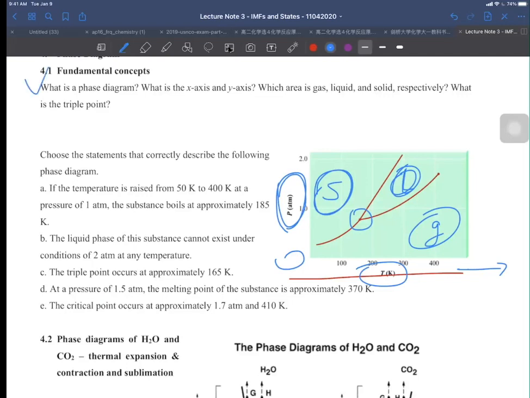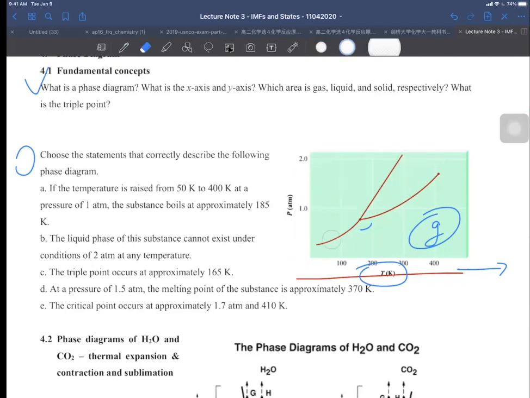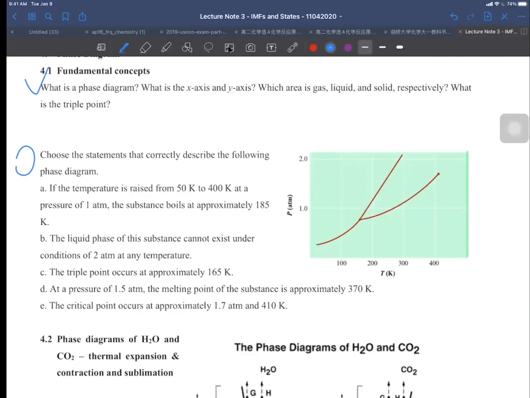And then there are a few questions. Let's have a read. The first one: if the temperature is raised from 50 K to 400 K at a pressure of 1 atm, which is from here to here, right?